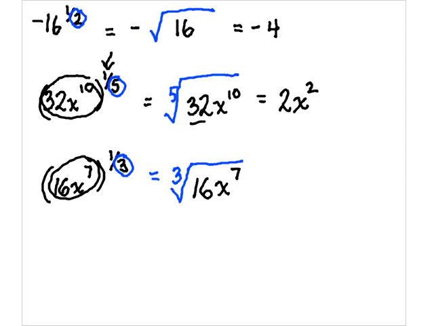And we haven't learned how to simplify that yet. We will learn how to simplify that. But 16 is not a cube, and neither is x to the 7th, so we're going to leave it like that for now. So those are some examples of how we can take it from exponential form and change it to a radical so we can simplify it.